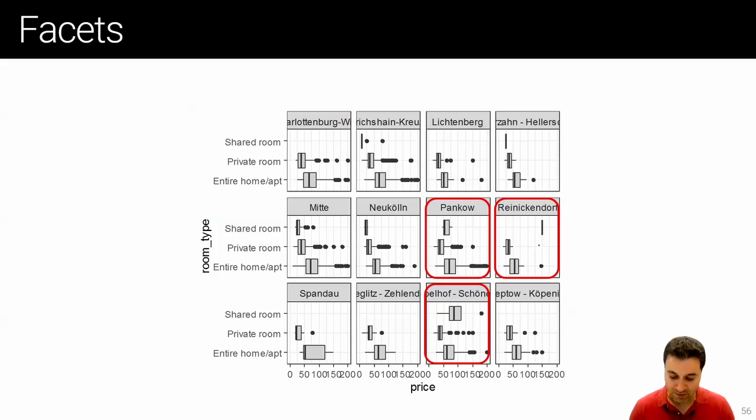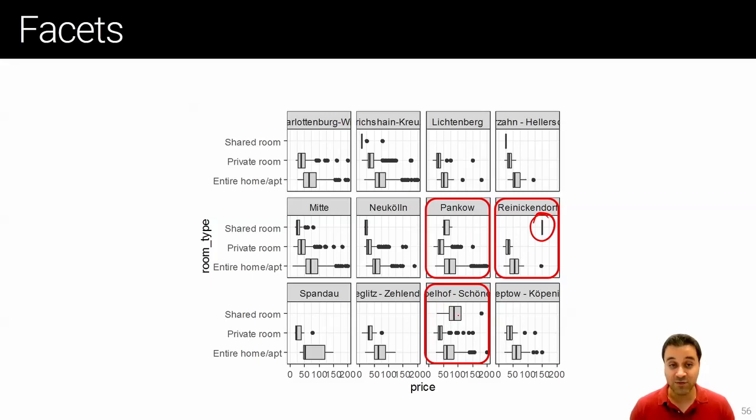So in this case, we have that the shared rooms are by far the most expensive, and that's weird. That might be telling us something's going on in there. In here, we have also shared rooms that are more expensive than private rooms. That's also weird. And in here, kind of the same story. Shared rooms are even more expensive.